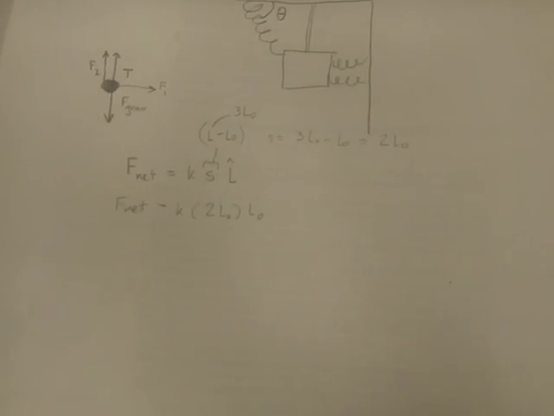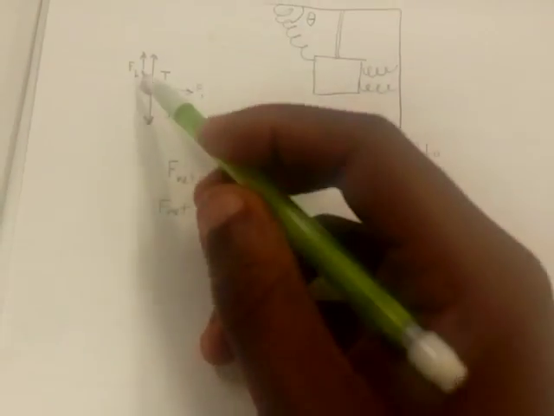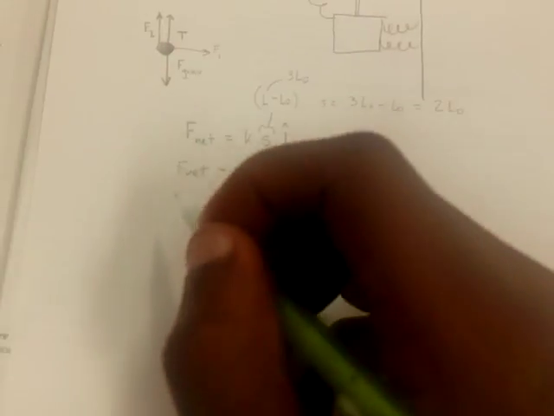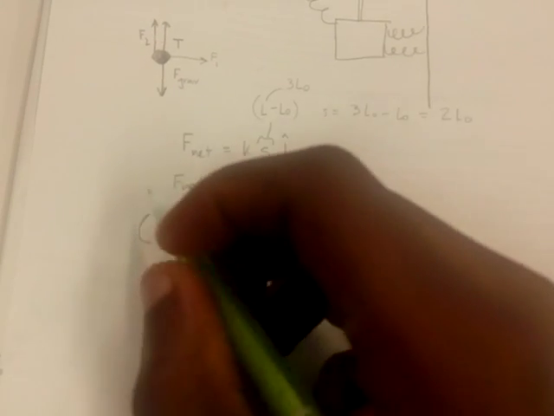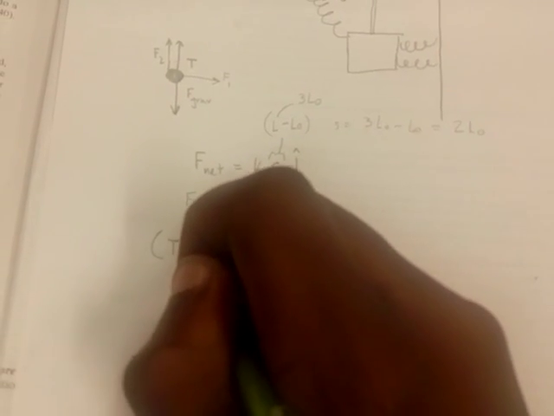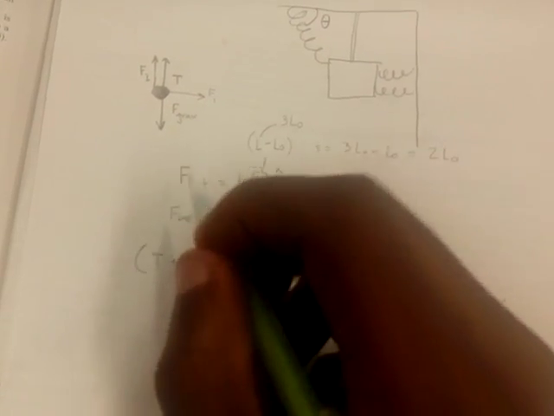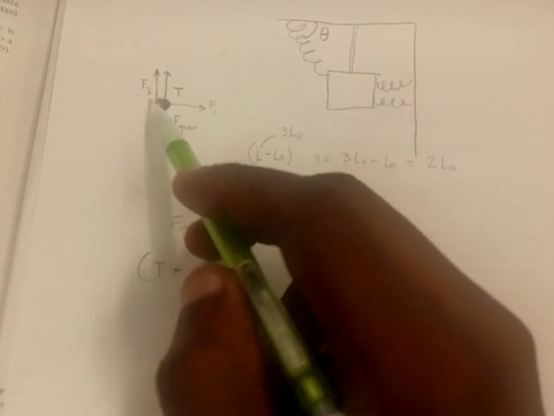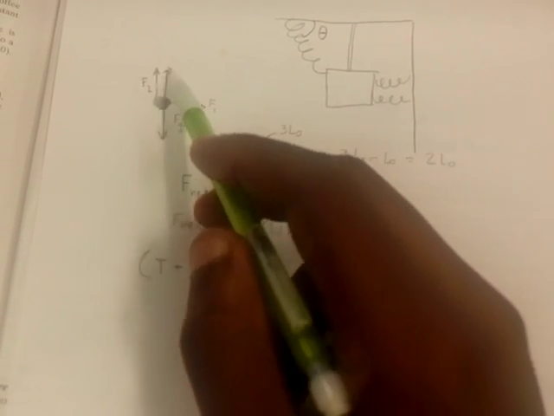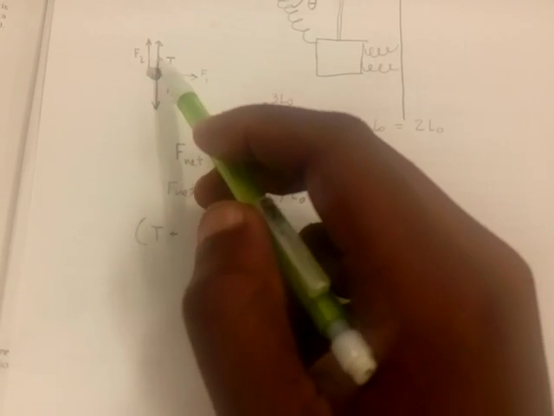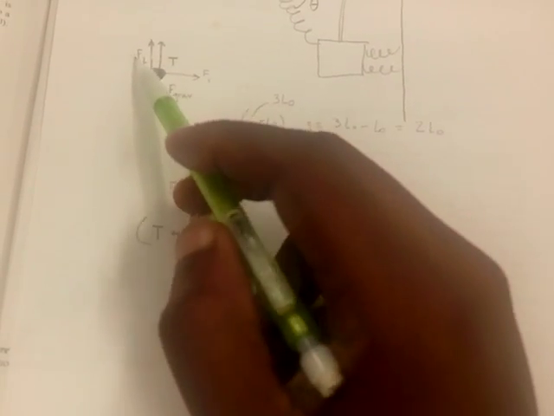So we have to ask ourselves, what is F net composed of? It's the sum of all the forces acting on our mass. So F net is composed of T plus the y component of this spring that was here.